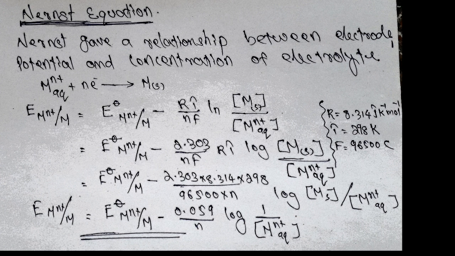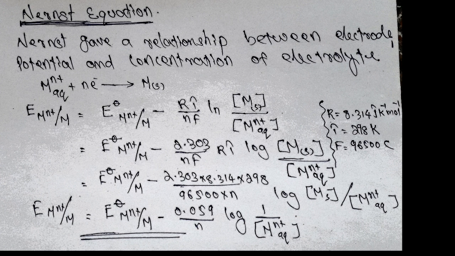For example, Cu2+ plus 2 electrons giving Cu. M just represents any metal, and n will be an integer that depends on the metal. For example, Na+ plus 1 electron giving Na for sodium. If you consider copper, Cu2+, then n will be 2.